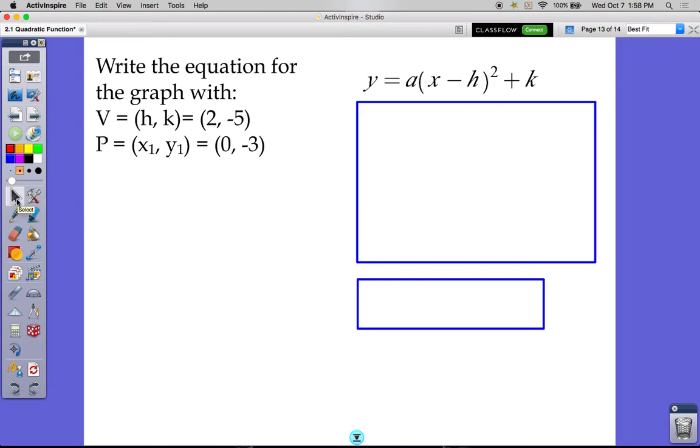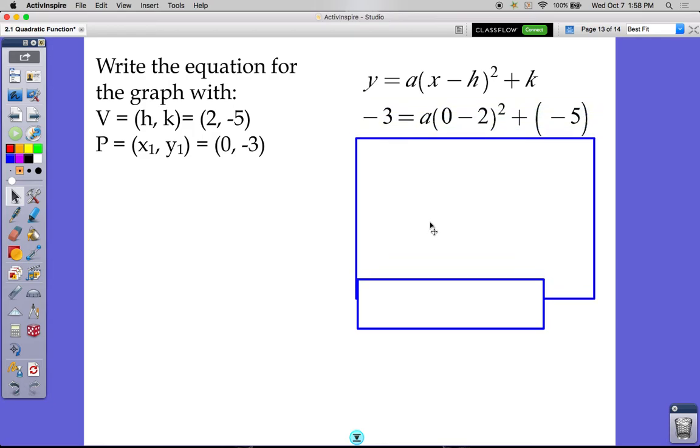H, K, x1, y1. I don't see any reference to a. So I can use in my parabola those values of x1 and y1 in place of x and y to help me find the only thing I don't know, which is a.